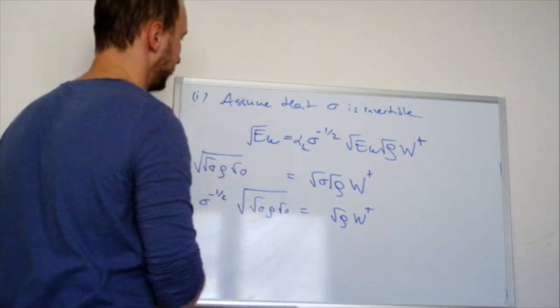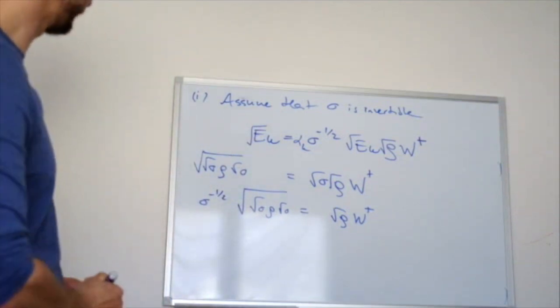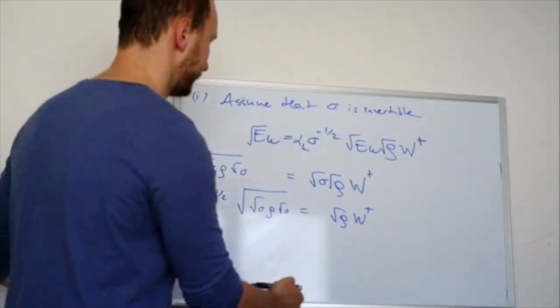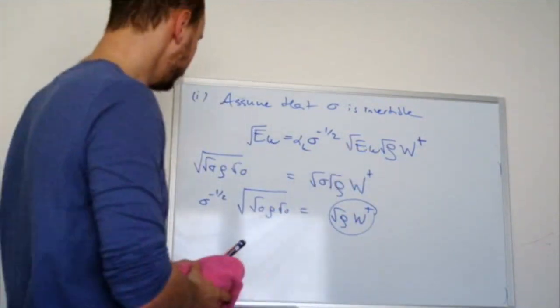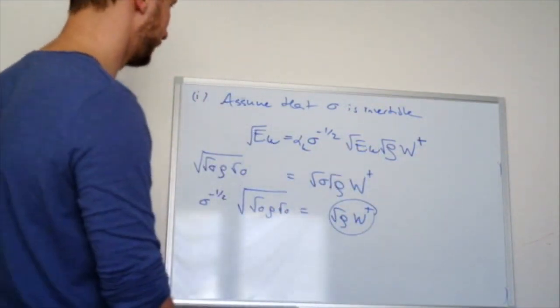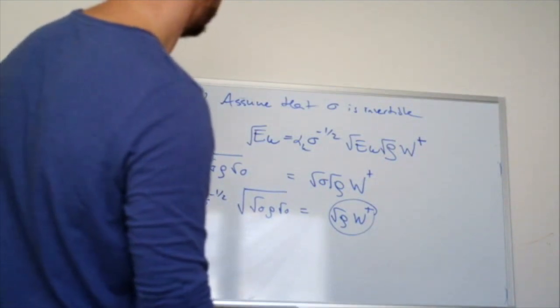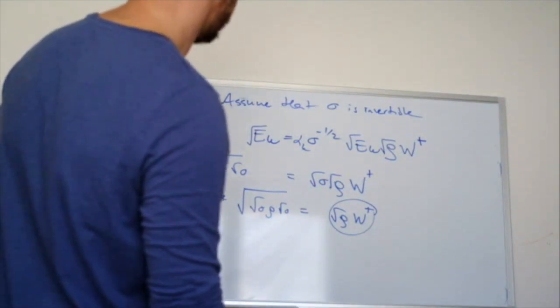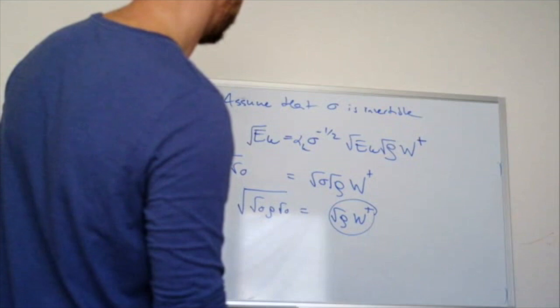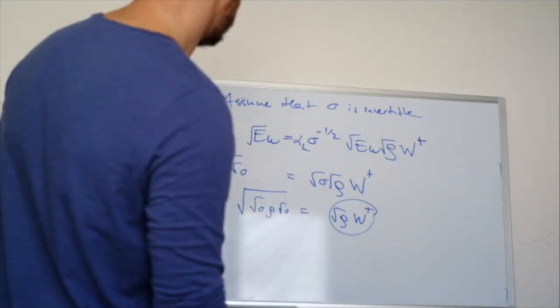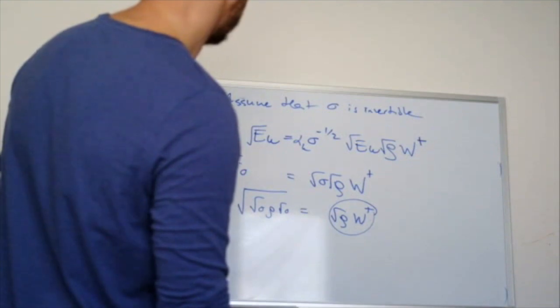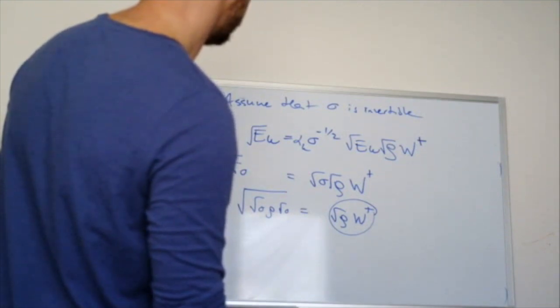Oh yeah, sorry, this is of course a square root. Then we can take this and plug it in here, and with this we'll get something like, well, actually I don't like it so much.